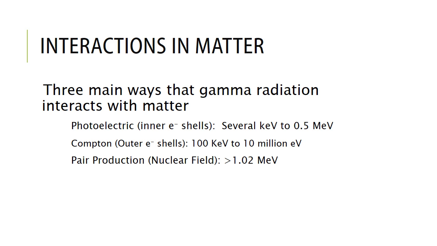Whenever in Nuke Med we talk about gamma radiation, typically the energies would be between 50 and 550 keV. For that, the predominant type of interaction is going to be what's called Compton scattering. But then you also have the photoelectric effect, which is the dominant type of interaction in materials with a really high atomic number, such as lead.